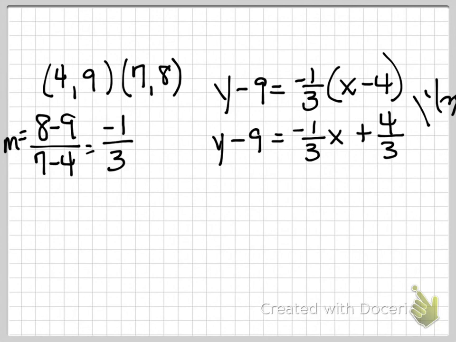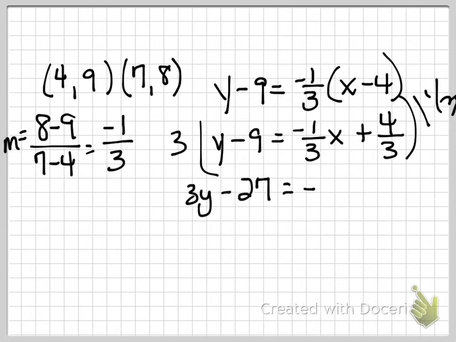But if you don't like these fractions, you can multiply everything by 3. And that's going to be 3y minus 27 equals, now 1/3 of 3 is negative 1, and then 4/3 times 3 is 4. So then I'm just going to solve my equation. I've gotten rid of all my fractions here, and I'm going to move that 27 over.